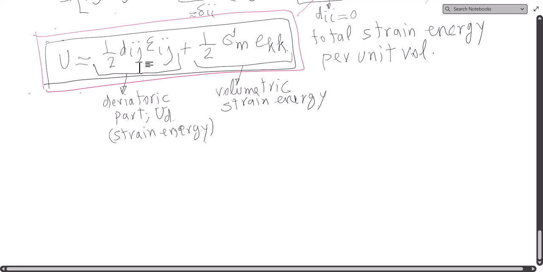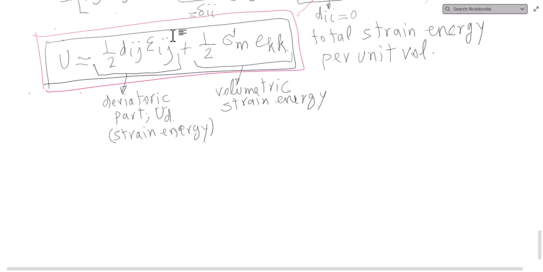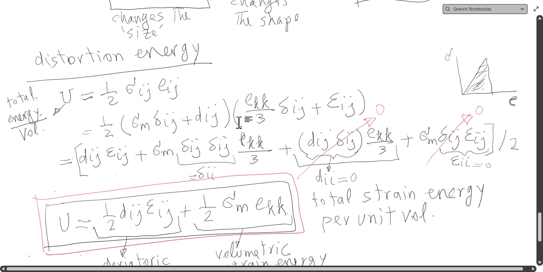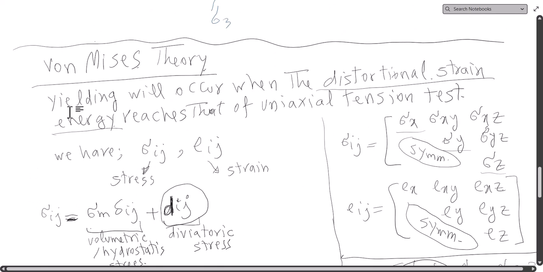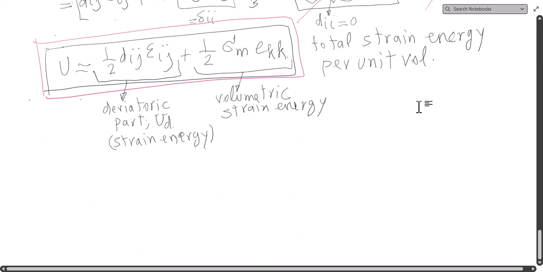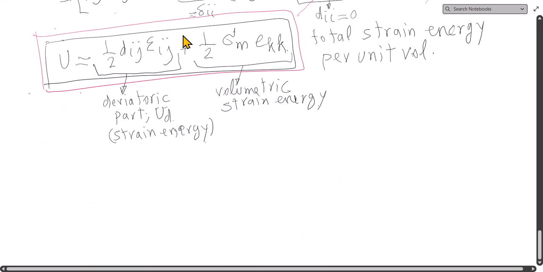Therefore, we have to look at this first term. So what von Mises is saying is that yielding will occur when the distortional energy reaches that of a uniaxial tension test.